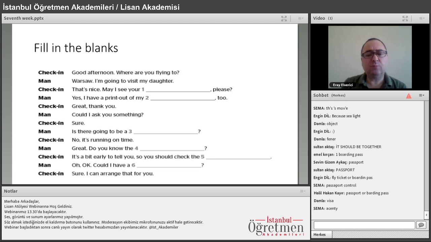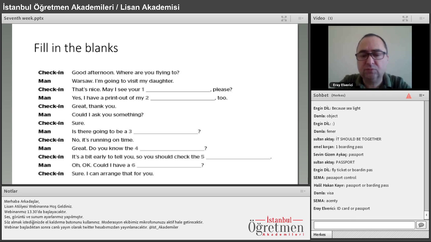So to get our boarding card, we have to show them either our ID card or passport. Okay? So the first one should be passport.